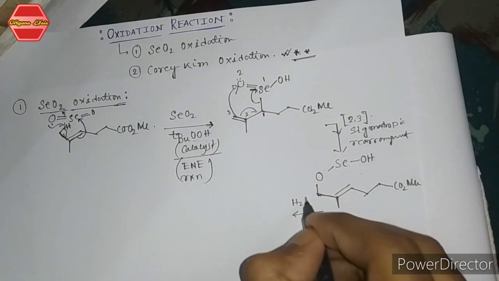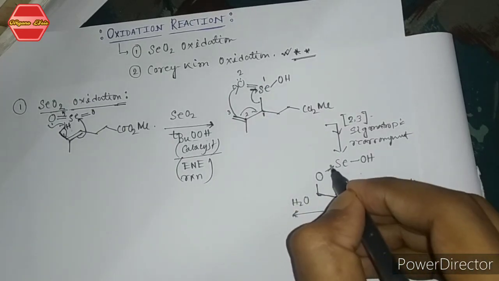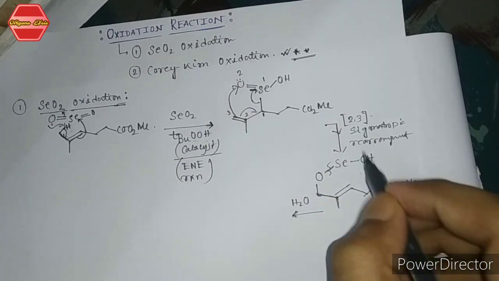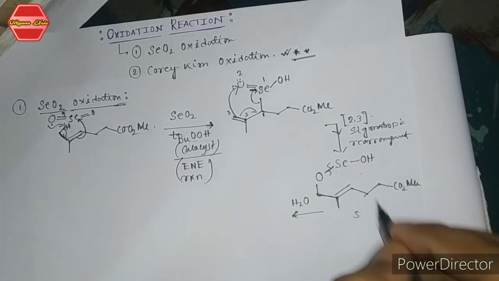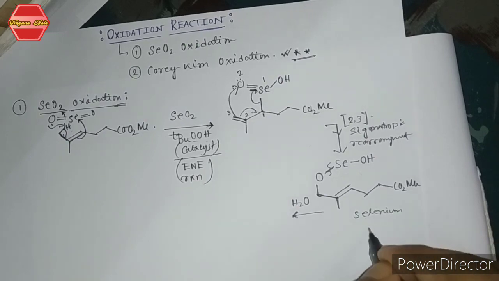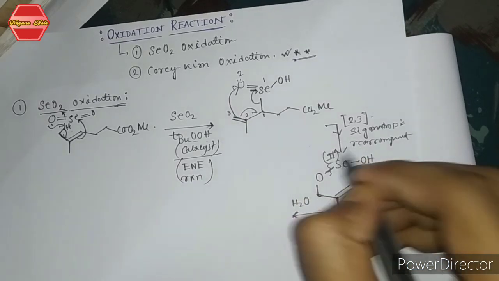after that, in the reaction medium water is present, so this selenium oxygen bond is, not ether, sorry, it's an ester, this is called a selenium ester, and the oxidation state of selenium is +2.